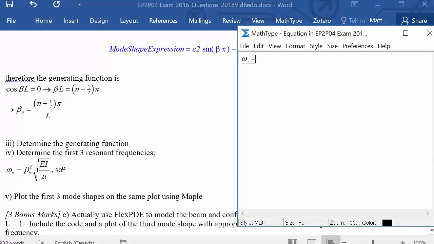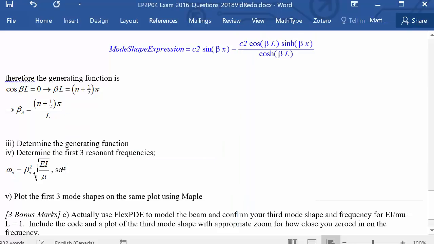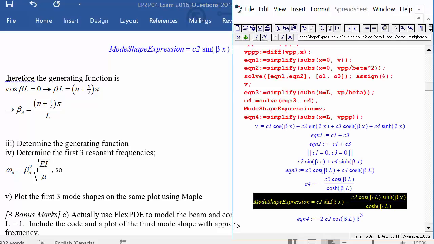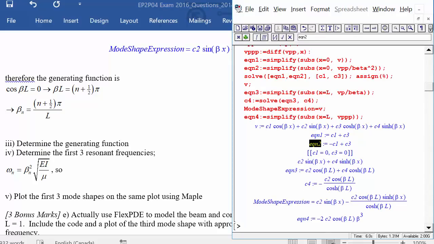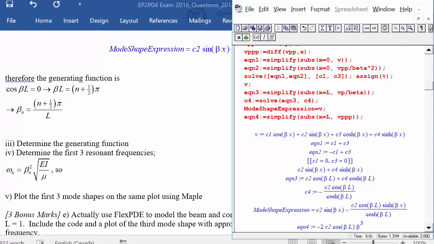omega 1 would be, oh, maybe I'll do this in Maple. Based on all of that stuff, we've got omega is equal to beta squared times square root of EI over mu.